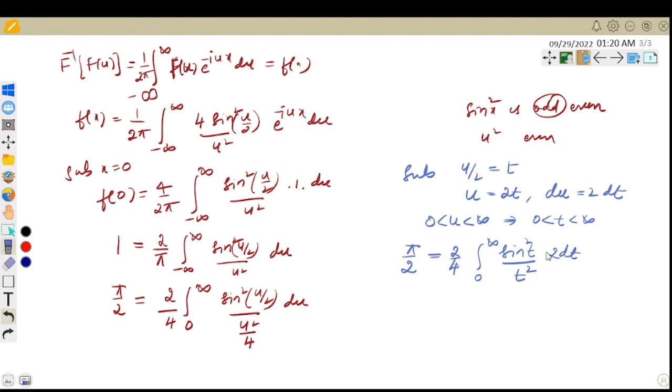So 2 twos are 4, the denominator 4 gets cancelled. Therefore, I will write in the reverse order. The integral from 0 to infinity of sin square t by t square into dt value is pi by 2.